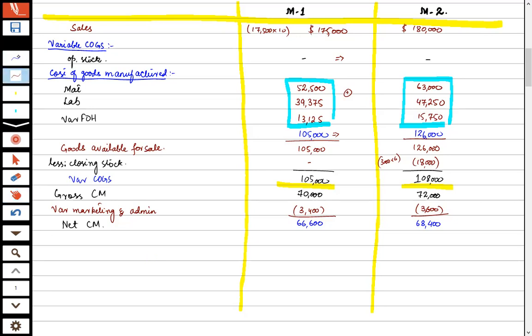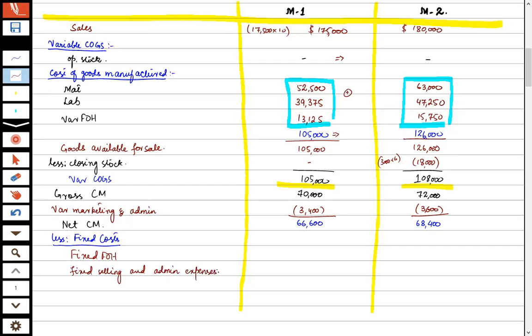So we deduct fixed cost: first, fixed FOH, and second, fixed selling and admin expenses.